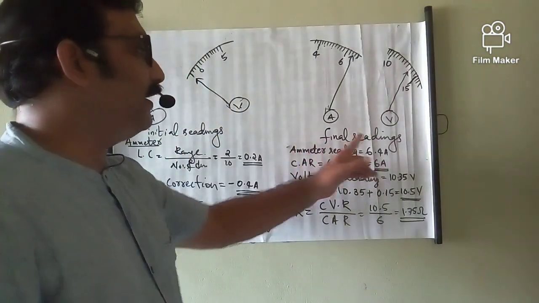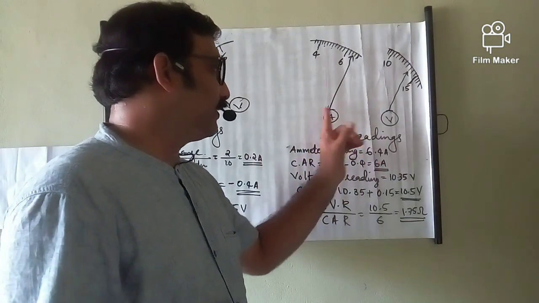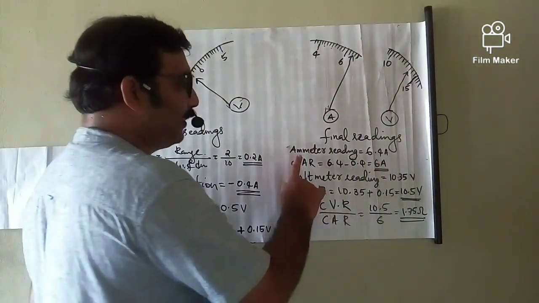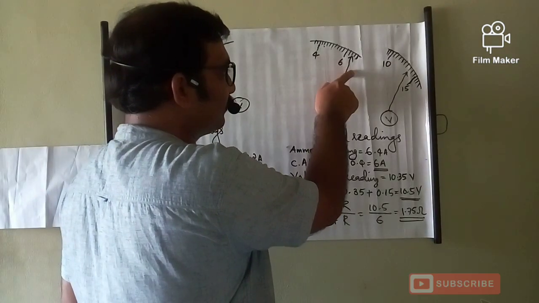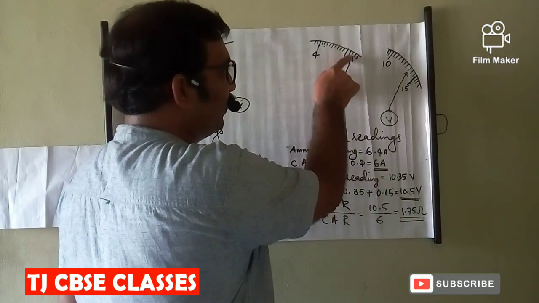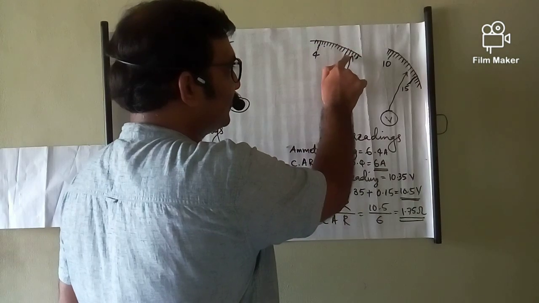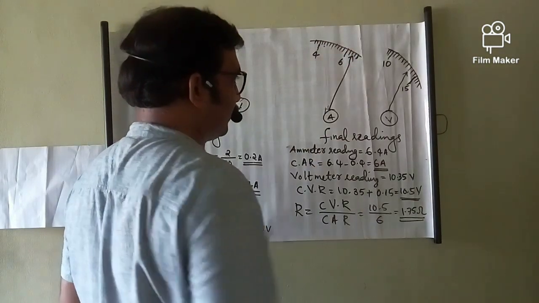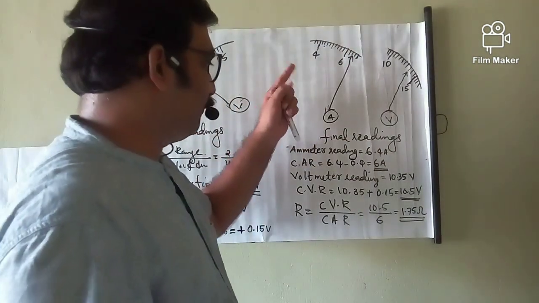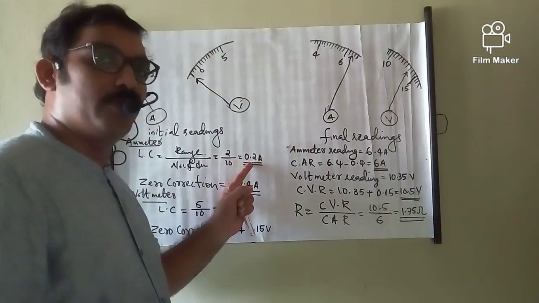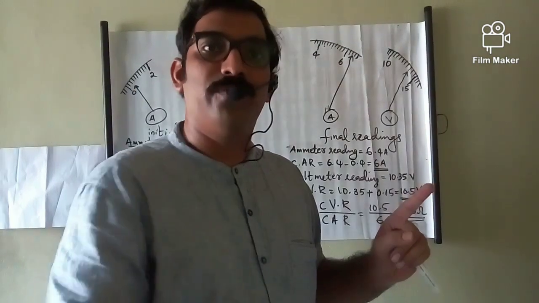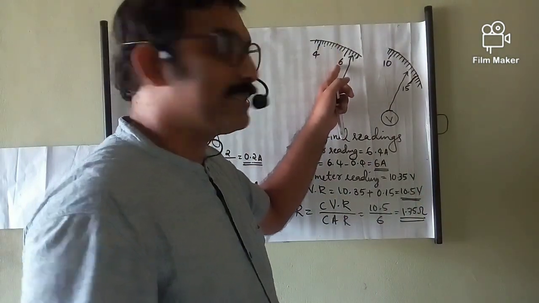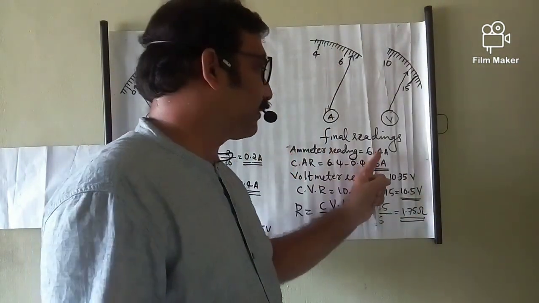Then the final readings of the voltmeter and ammeter are given. In the ammeter, the needle is after 6 ampere, by 2 divisions. For 1 division it is 0.2, so for 2 divisions it is 2 into 0.2, which is 0.4. The final reading is 6.4 ampere.